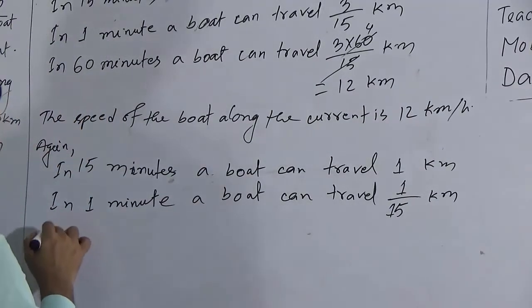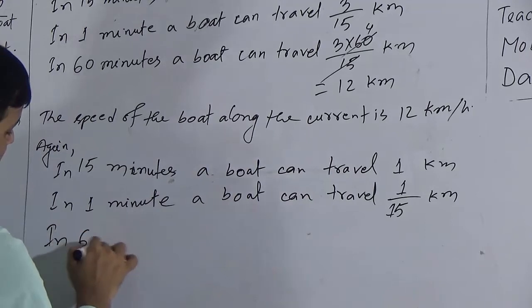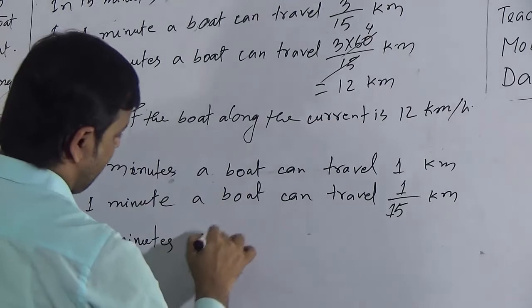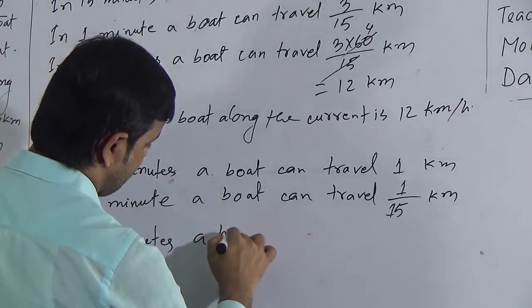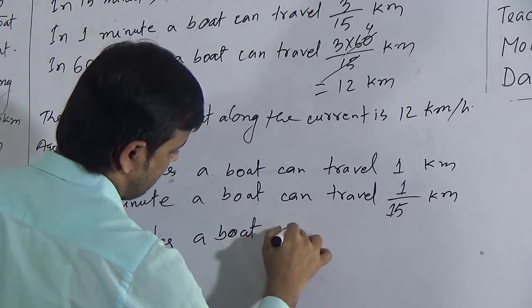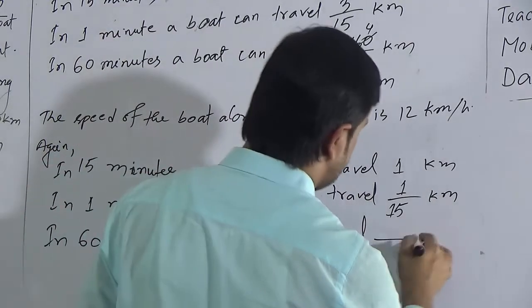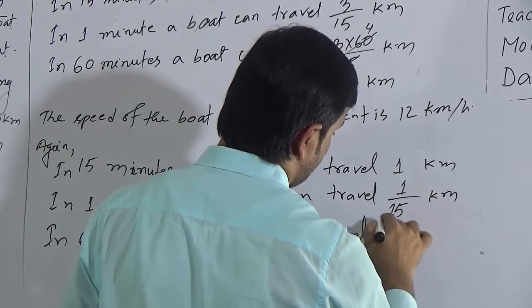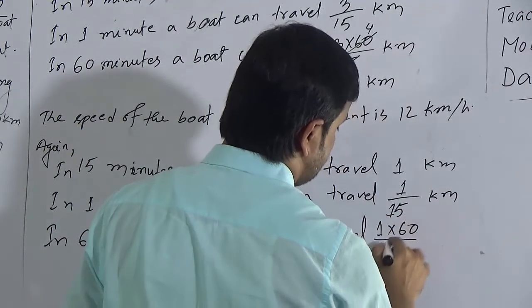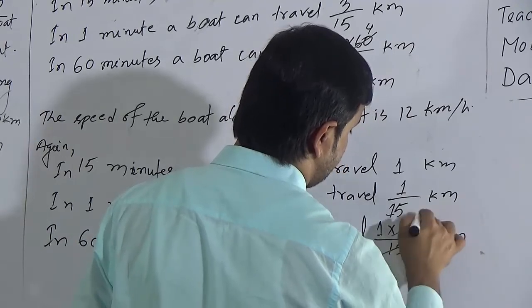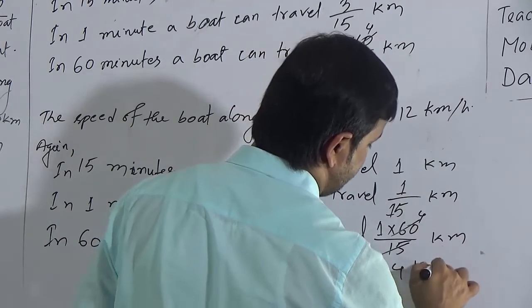Now again the time will increase, 60 minutes. In 60 minutes a boat can travel, so we have to multiply here 1 into 60 divide by 15 kilometer, that is equal to, we can cut here 4 ones are 4, so we can write 4 kilometer.